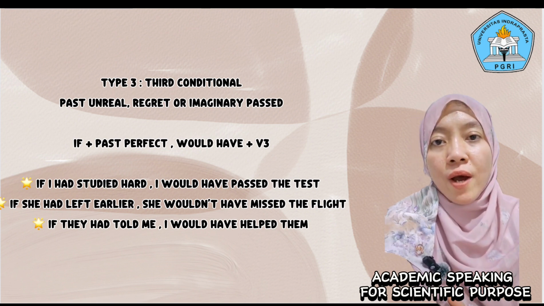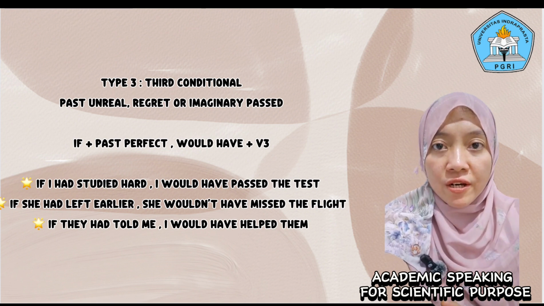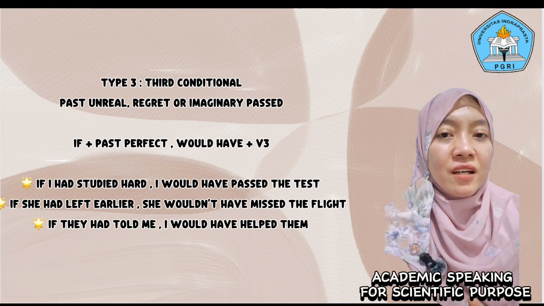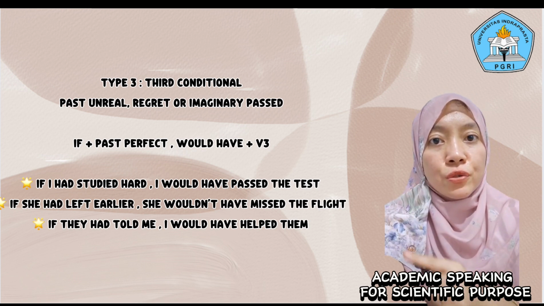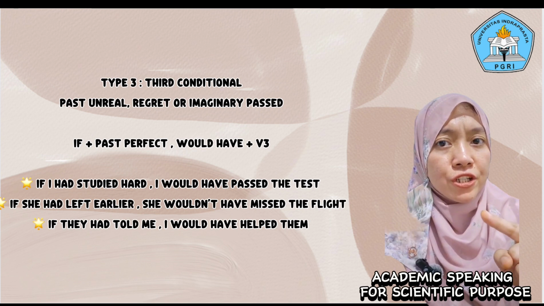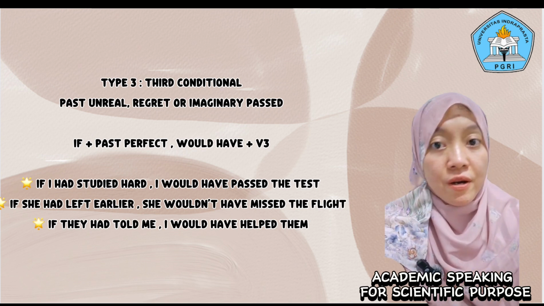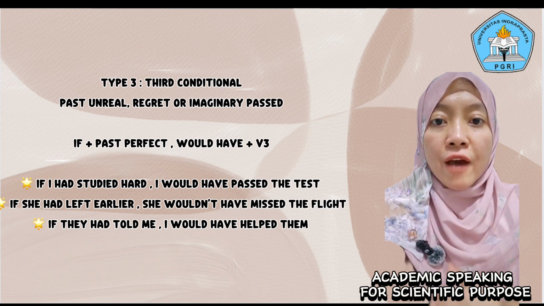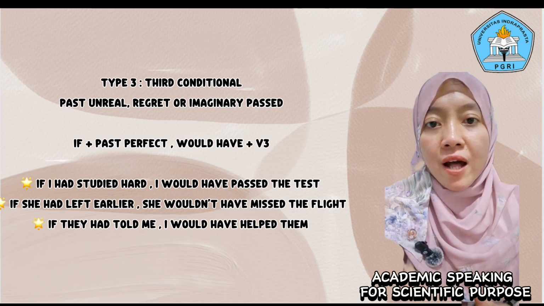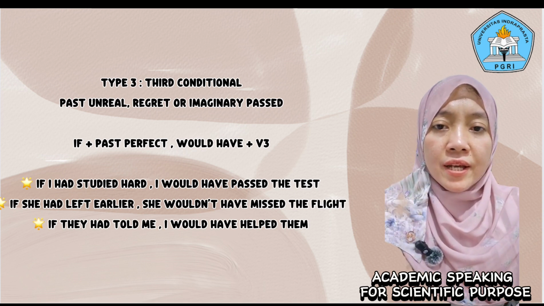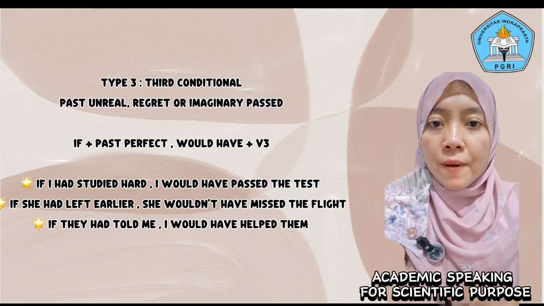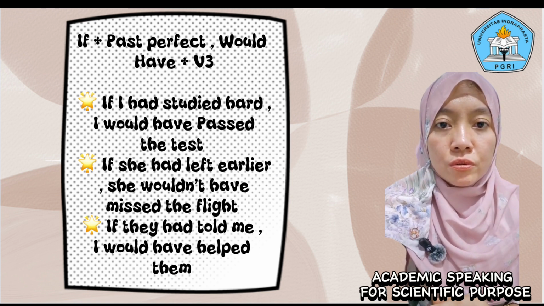And here is another one. If she had left earlier, she wouldn't have missed the flight. The truth, she was late, so she missed it. Imagine how different it could have been, right? Or if they had told me, I would have helped. Maybe they didn't ask for help, but I really wanted to.